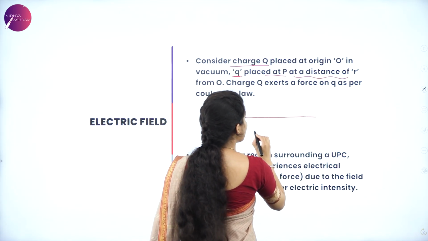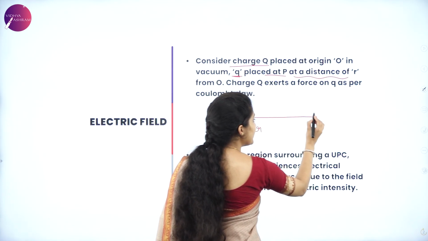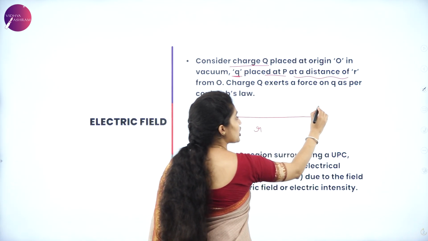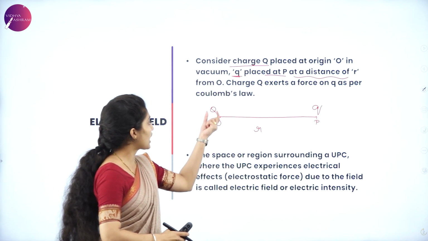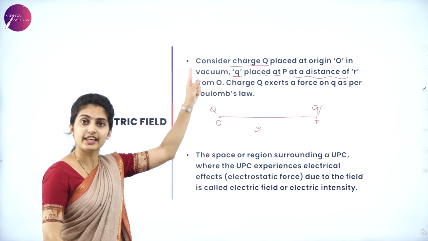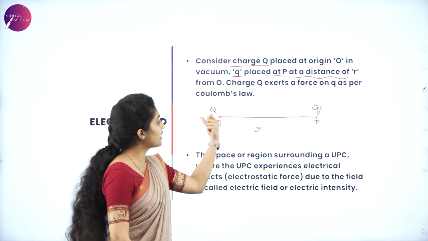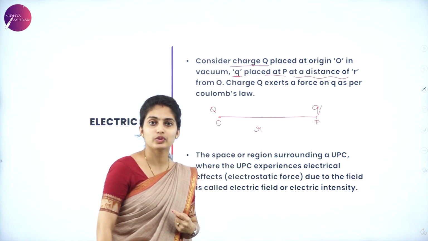R is the distance to a point called point P upon which the charge small letter q is placed. Okay, so capital letter Q is a charge placed at the origin in vacuum, and there is a point P at a distance R upon which the charge q is present.